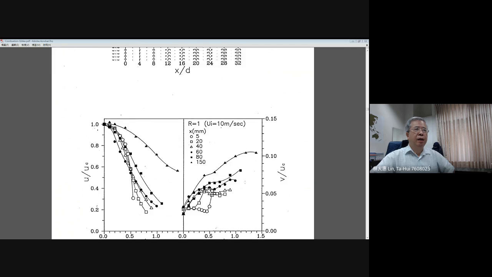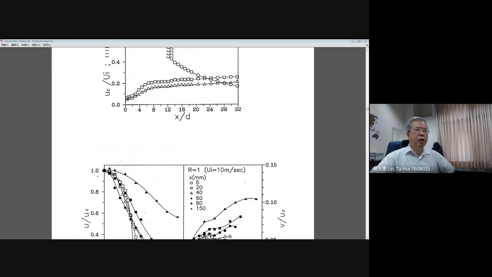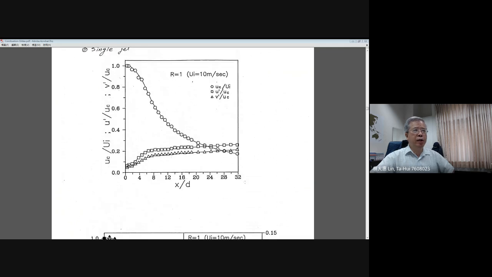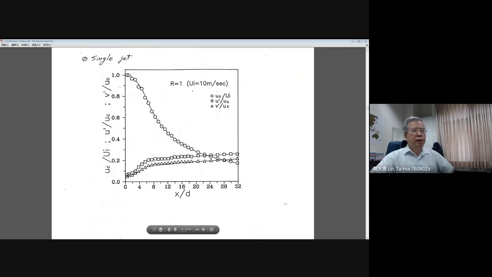And if you look at the velocity variation along the center line only, this plot tells you x, the variation of axial coordinate from the burner exit to the very far downstream. Initially, you have equal to 1 for the axial velocity, Uc divided by Ui. Ui is the initial velocity at the exit plane.